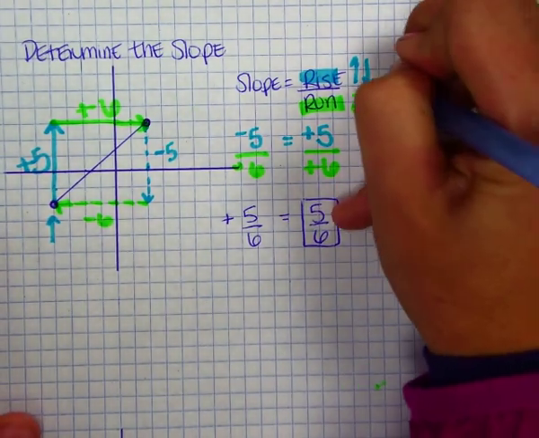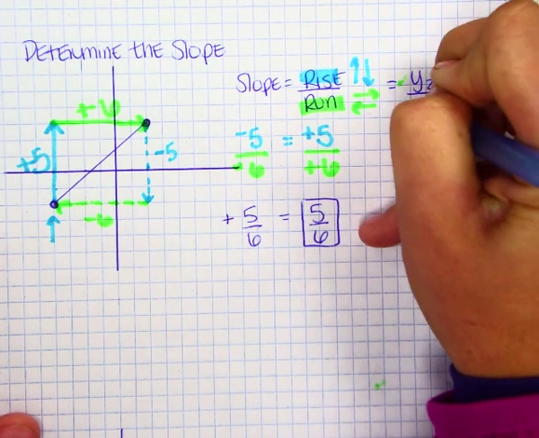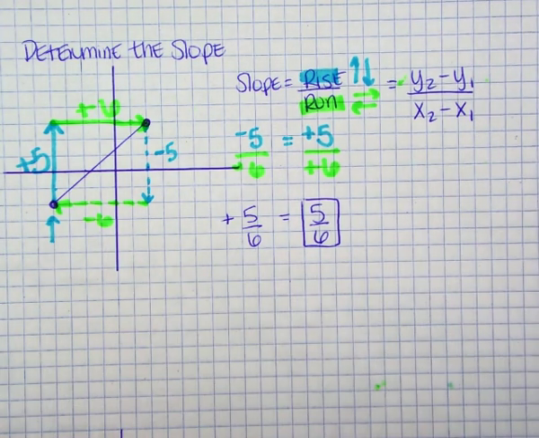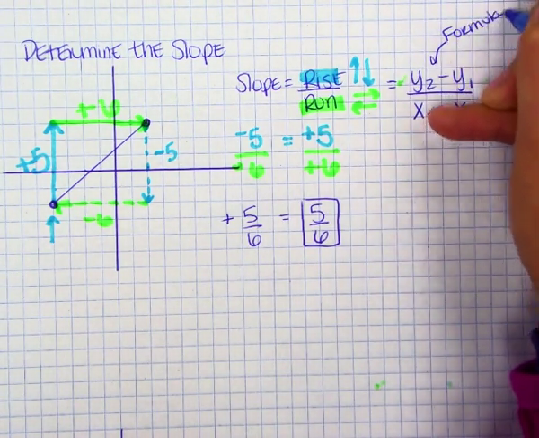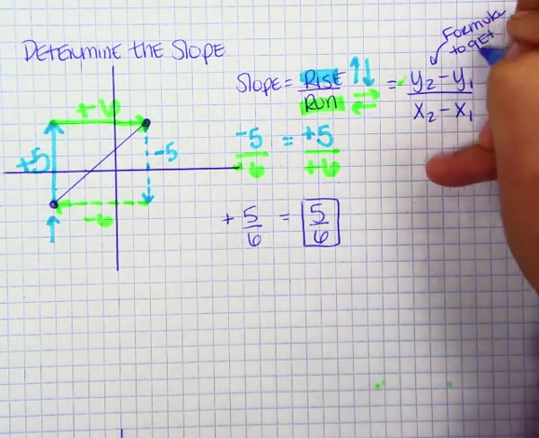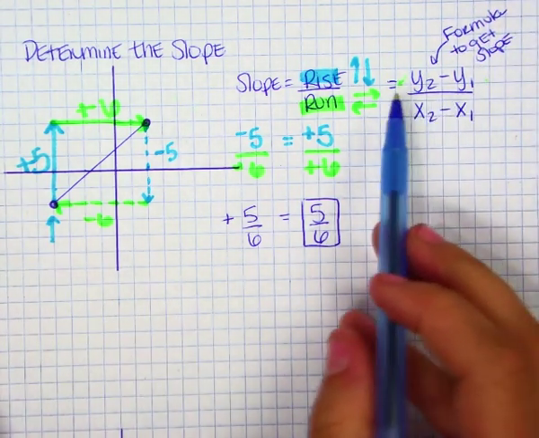Slope is also known as y2 minus y1 divided by x2 minus x1. This is a formula to determine slope. Now these x's and y's are the coordinates.